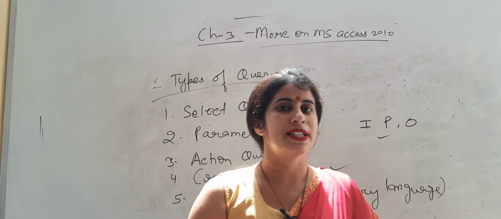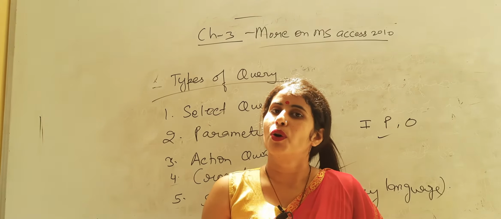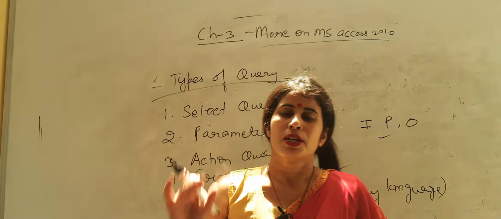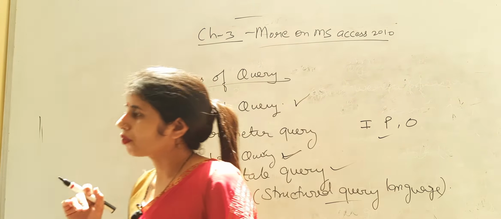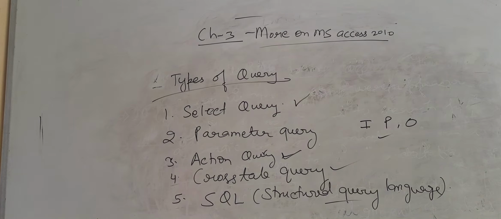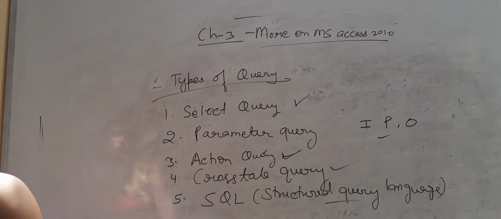This language has its own syntax, own rules to write the coding. Okay, so these are the 5 types of query of MS Access. First is select, second one is parameter, third one is action, fourth one is cross tab, and the fifth one is SQL query.